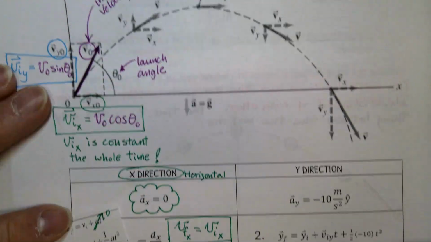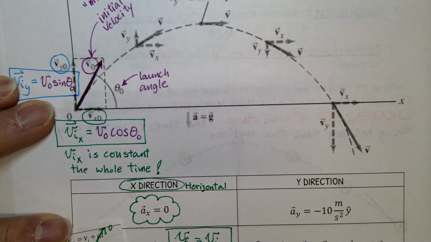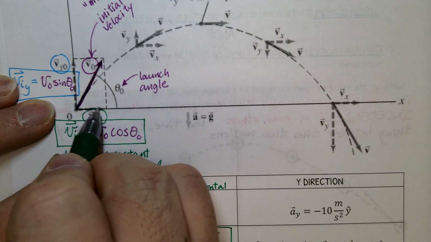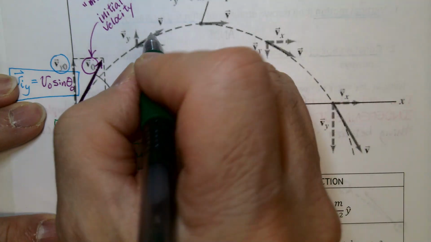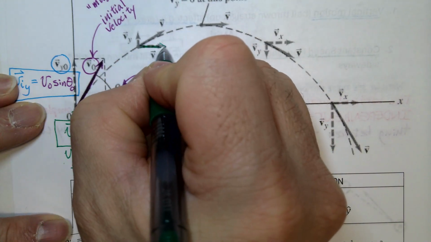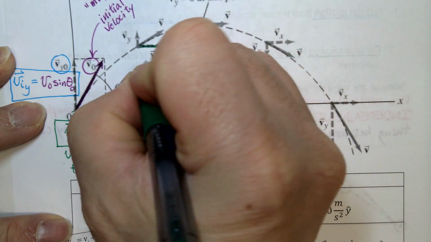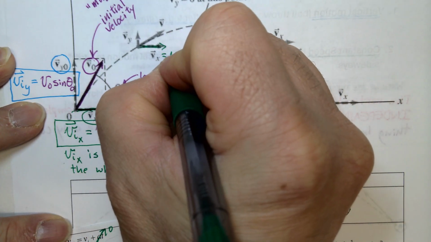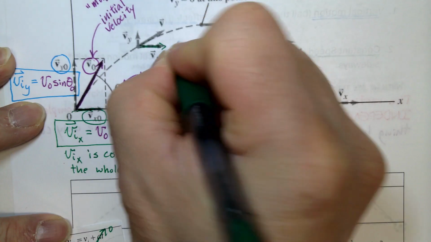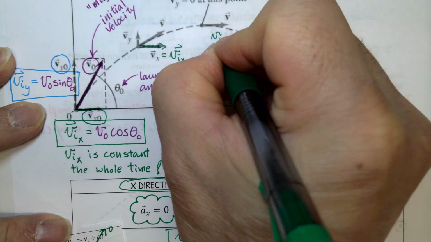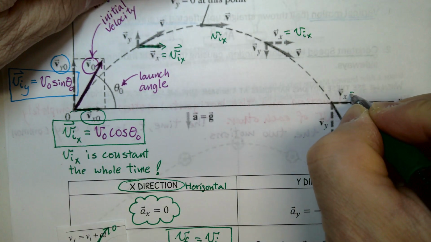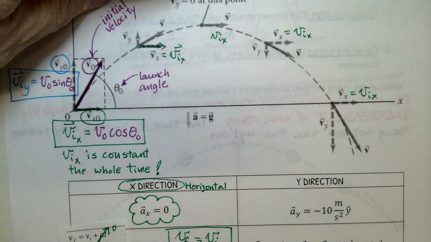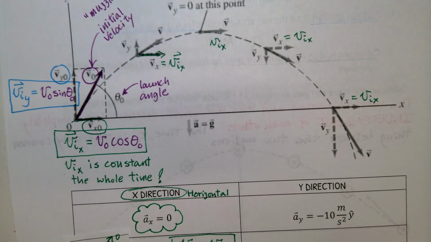So no matter where it is along the trajectory, this Vix that we calculated here in the beginning stays the same no matter what. So in the x direction velocity will always be my Vix. So x direction is easy.